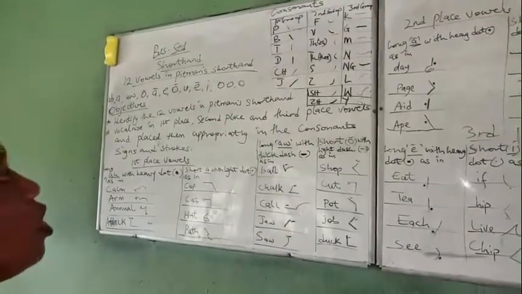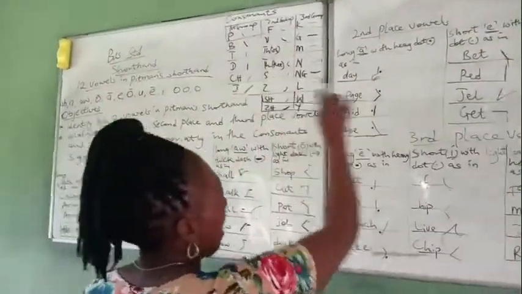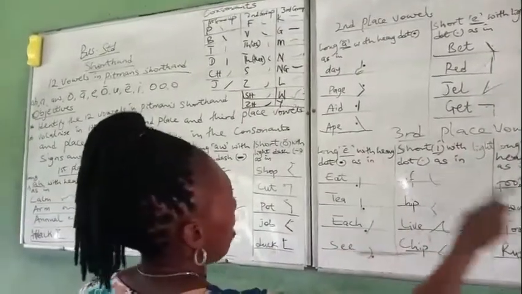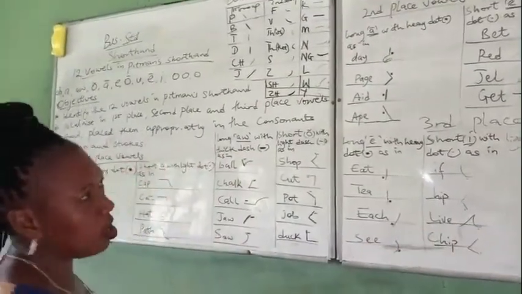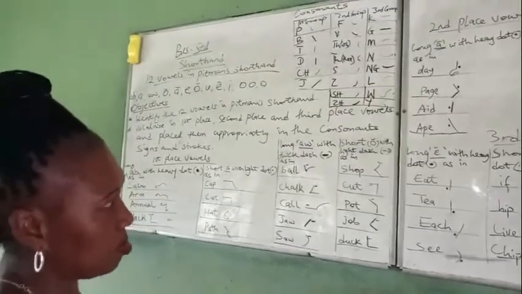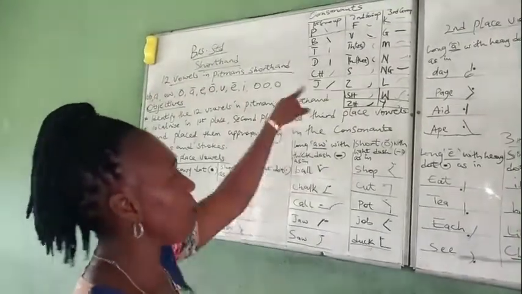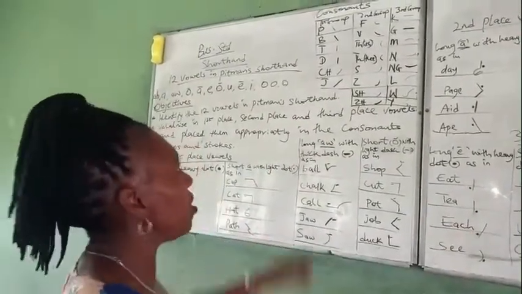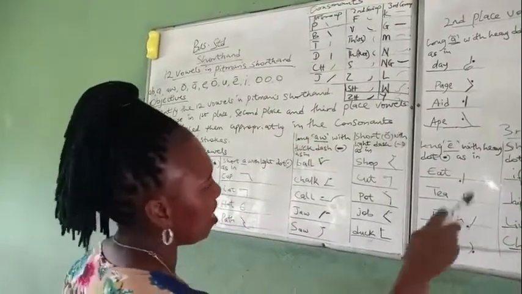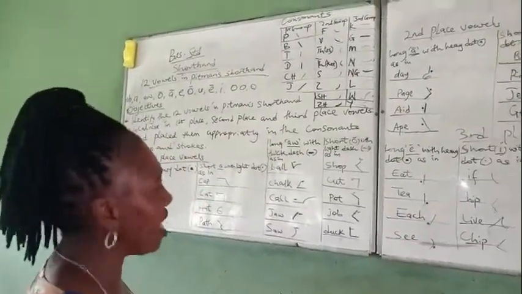So please, you must maintain this rule when you are writing the consonant signs and the strokes. The ones in heavy must be in heavy. The ones with light must be in light before you vocalize.